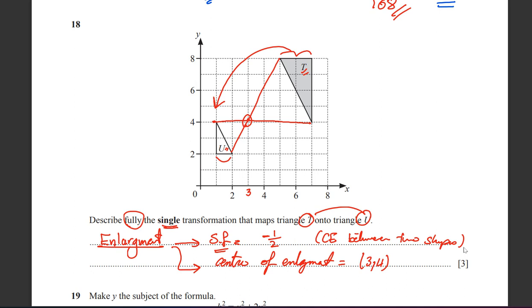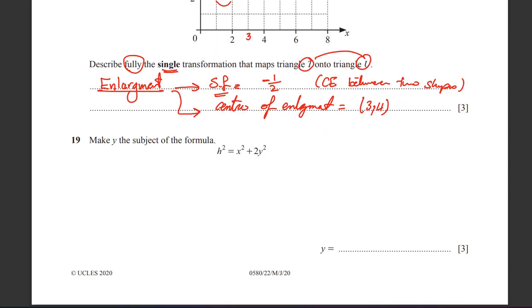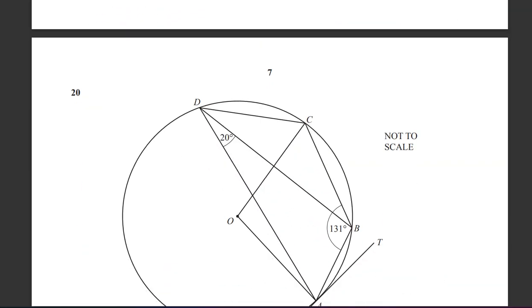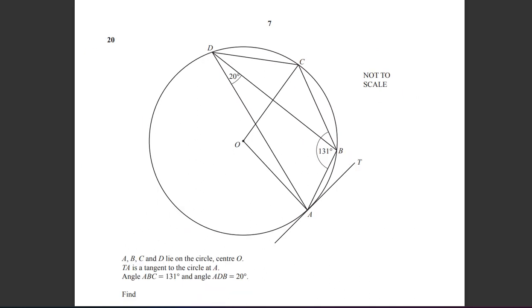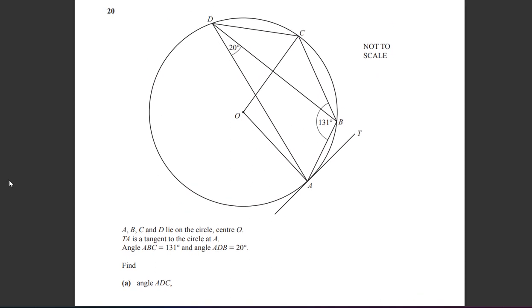Here comes the next question. We are going to zoom out a little bit. This is a circle. It is very important to read the givens well and state which given is already written and which needs to be written again.